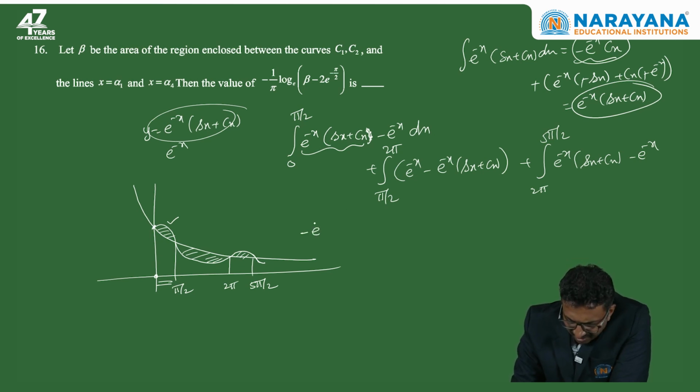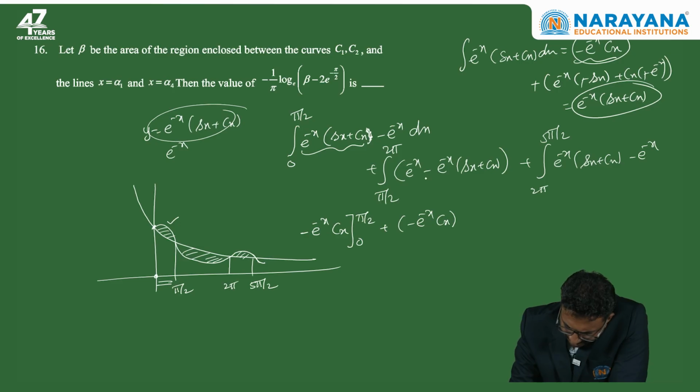So e power minus x into cos x, going from 0 to pi by 2, again plus minus e power minus x cos x. So minus of minus will become plus. So pi by 2 to 2 pi, again minus e power minus x into cos x, and 2 pi to 5 pi by 2.